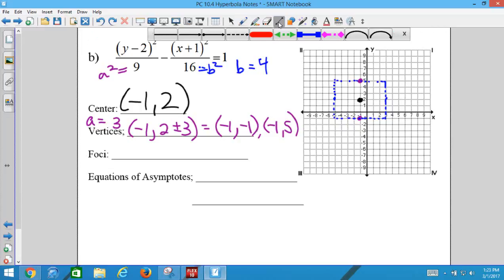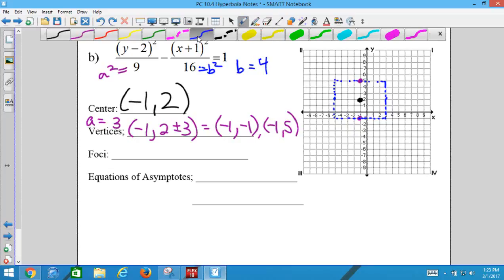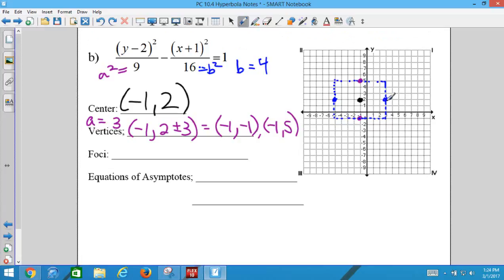After we have our rectangle, then we make our asymptotes with the corners from the rectangle. Wait, how do you get the little rectangle again? Well, you have to use your B value. That's 4 away, and since it's under x, it's going to be 4 horizontally away. And then from there, you go straight up and down, and you do side to side from the other vertices. Connect them.